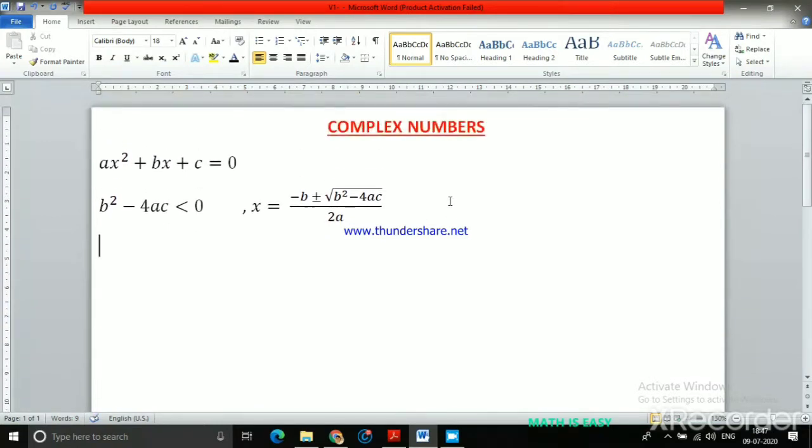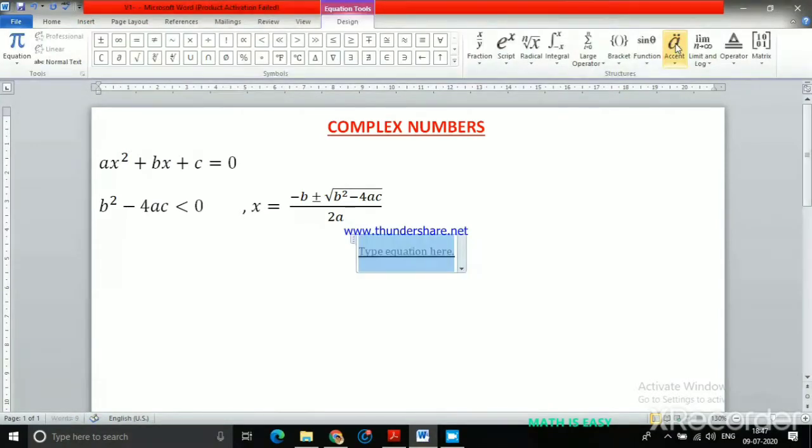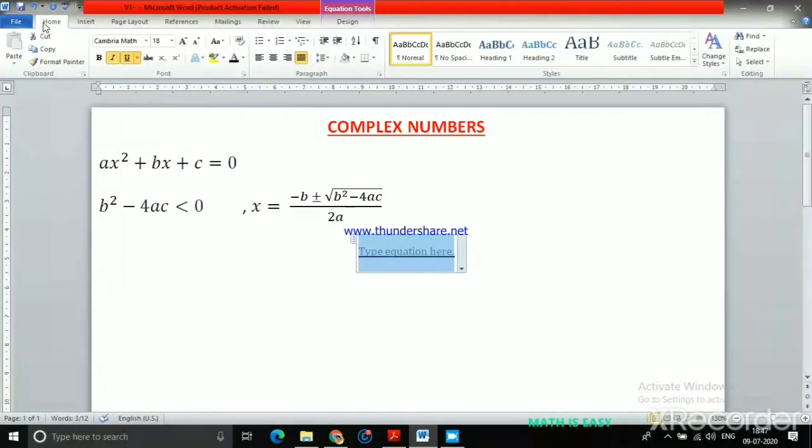So what is a complex number? The general form of a complex number is z equals to a plus ib, or bi, depending on the book there is a different notation.